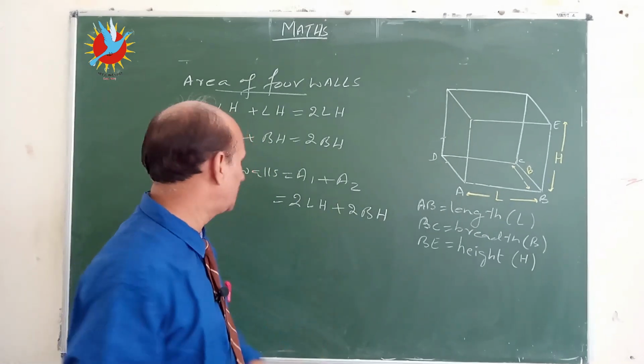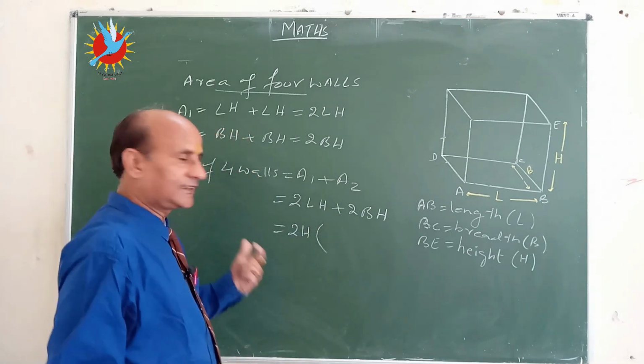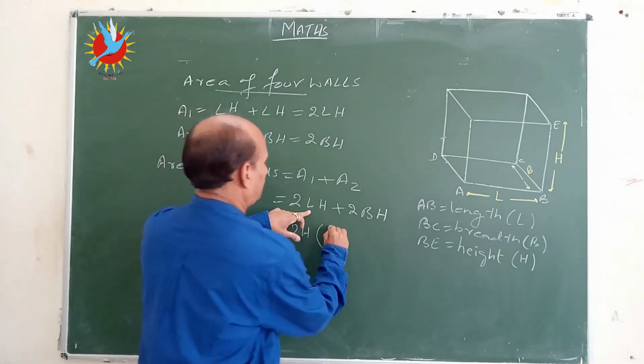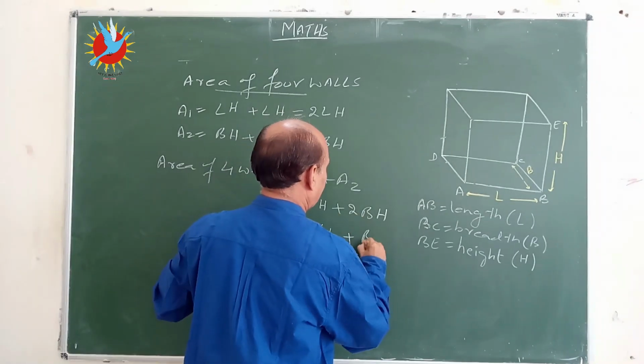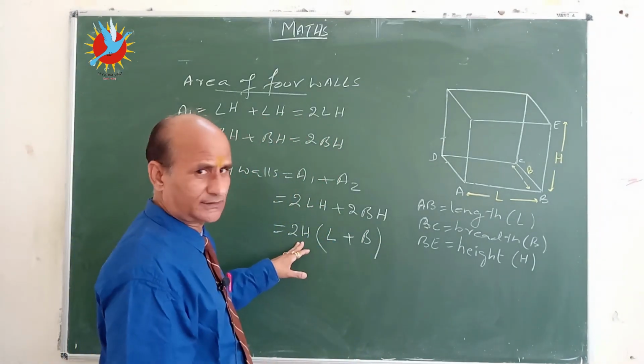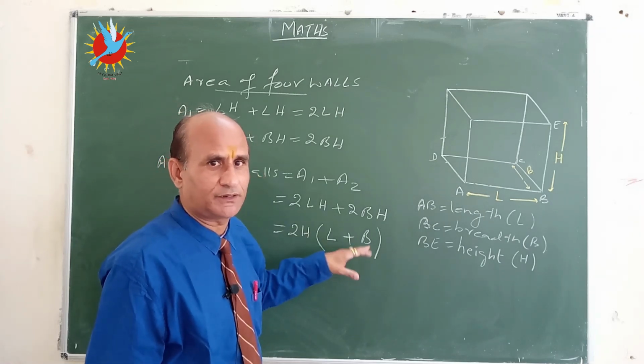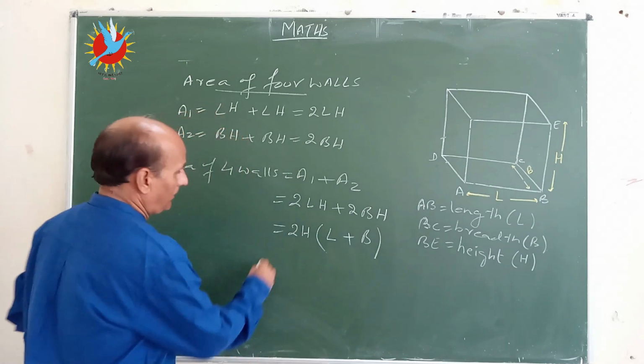So let us take these 2 terms just outside the bracket, and what is left here? Here L is left and here width is left. So area of the four walls is twice multiplied by height multiplied by sum of the length and width. Now we know that one formula.